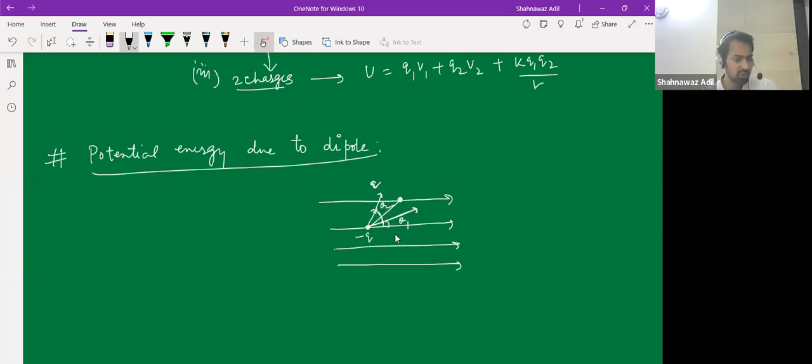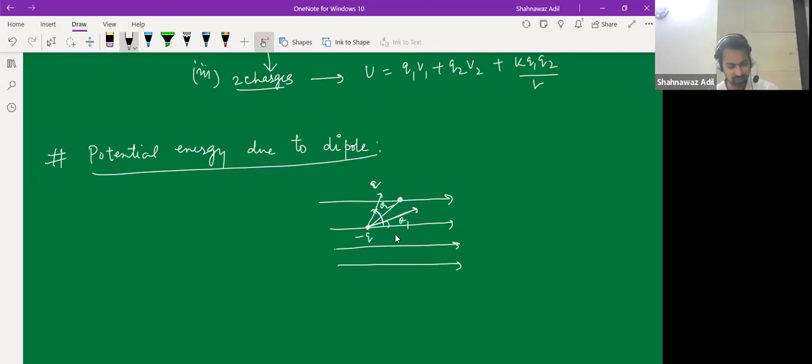So which force is doing the work? This we have already learned in your CPSC class, so I'm just revising that portion. If we are moving through some angle, which force is doing the work?